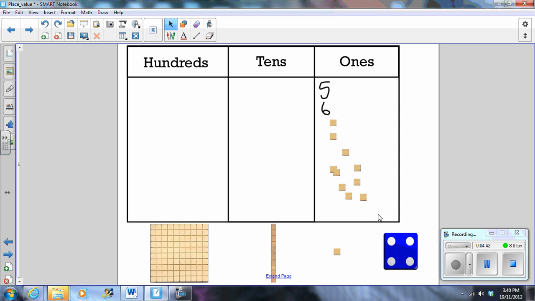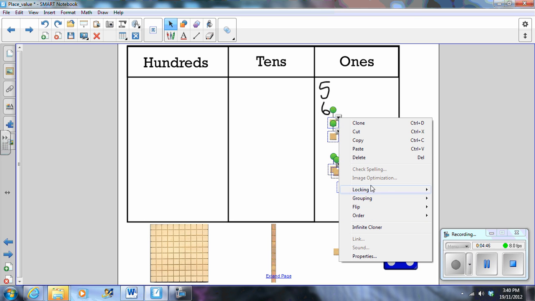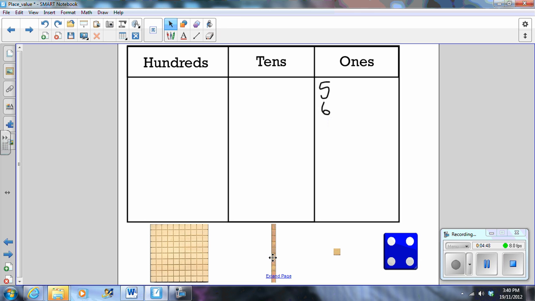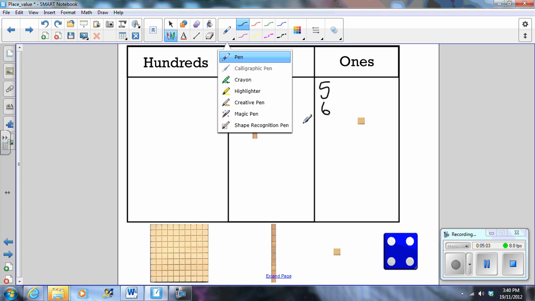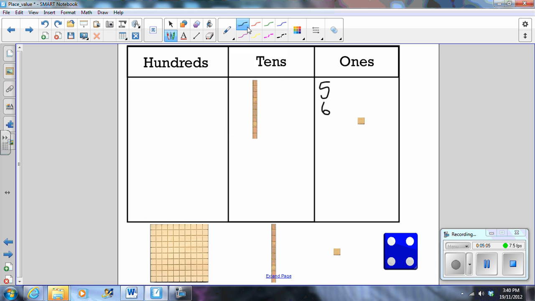I do have 10. So what I can do with those 10s is I can exchange them or take them away and replace it with one of these. Okay, so then I've got 1 ten and 1 unit left over. So to write that, I would write 11.